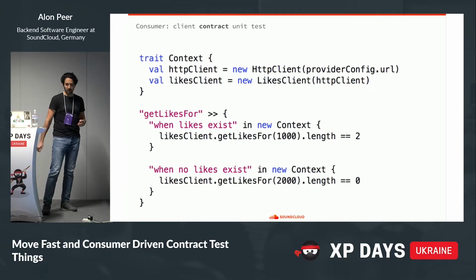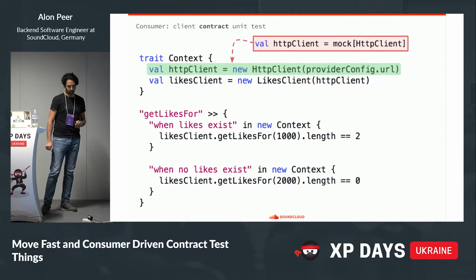So now let's see how our test looks, given that PACT fragment that we've defined. Notice how instead of mocking that HTTP client or creating a test double for it, we're actually initializing a new HTTP client with something called providerConfig.url. This is something that the Pact JVM framework gives me when I initialize it.